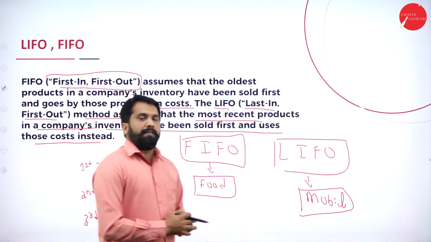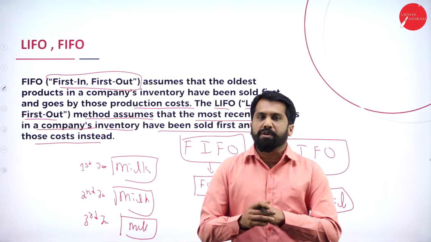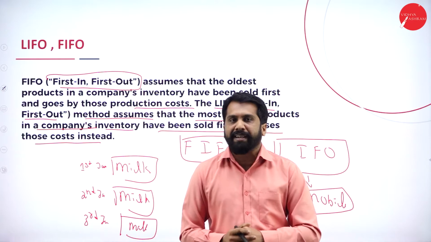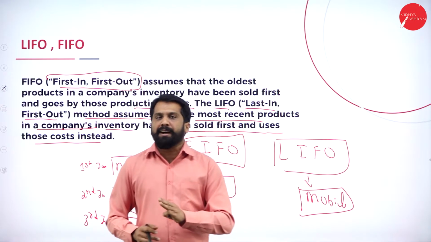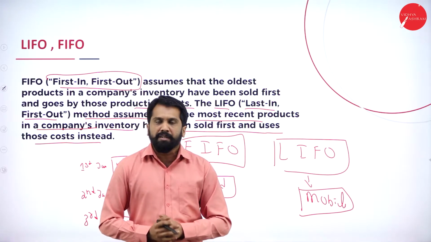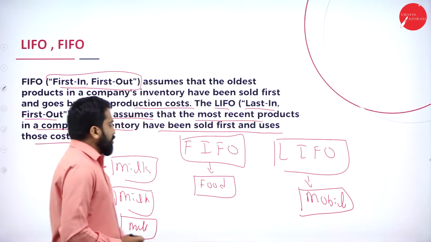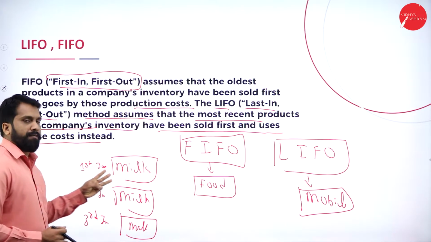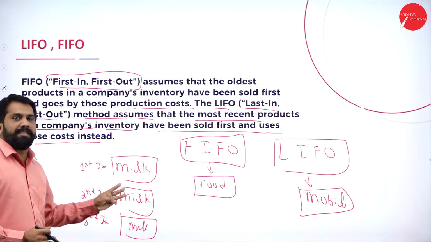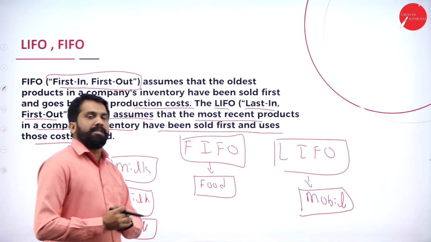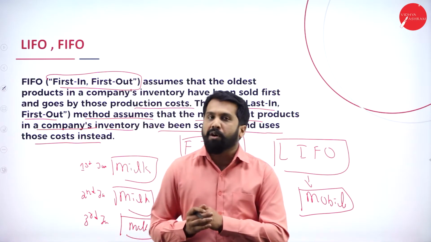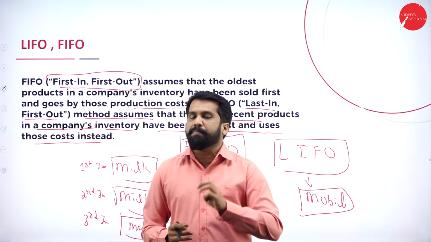Your family was out of station, so you did not use those milk packets. All 3 packets are in your refrigerator. Clear? Again, I'll repeat: you bought 3 milk packets, on 1st, 2nd and 3rd January, and you have not used any of them.